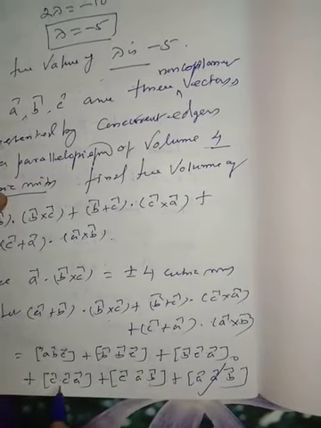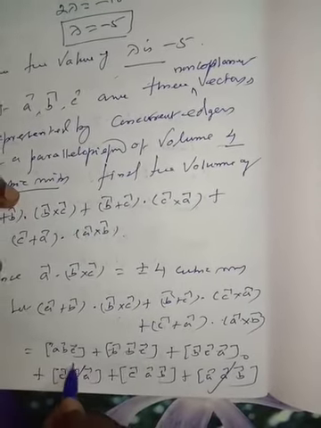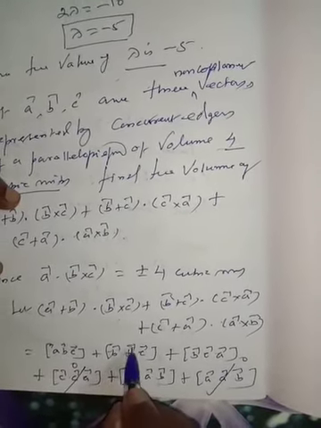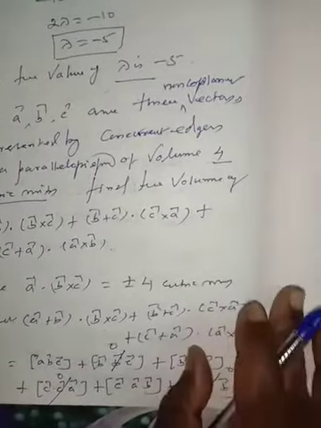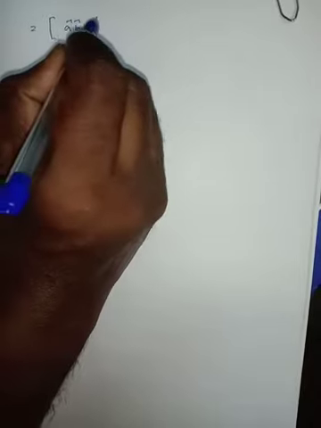Box product of C vector A vector is 0. Box product of B vector C vector is 0. So remaining 3 box products, one is ABC plus next one is BCA.